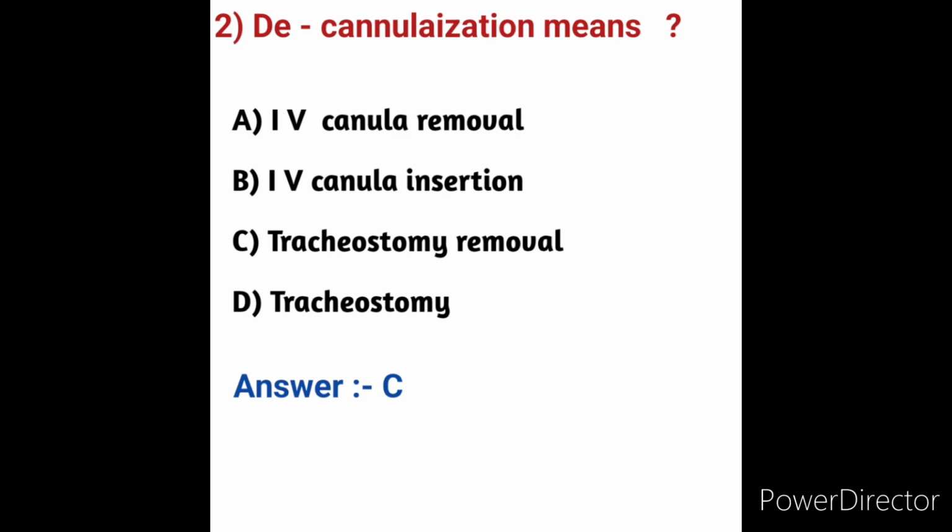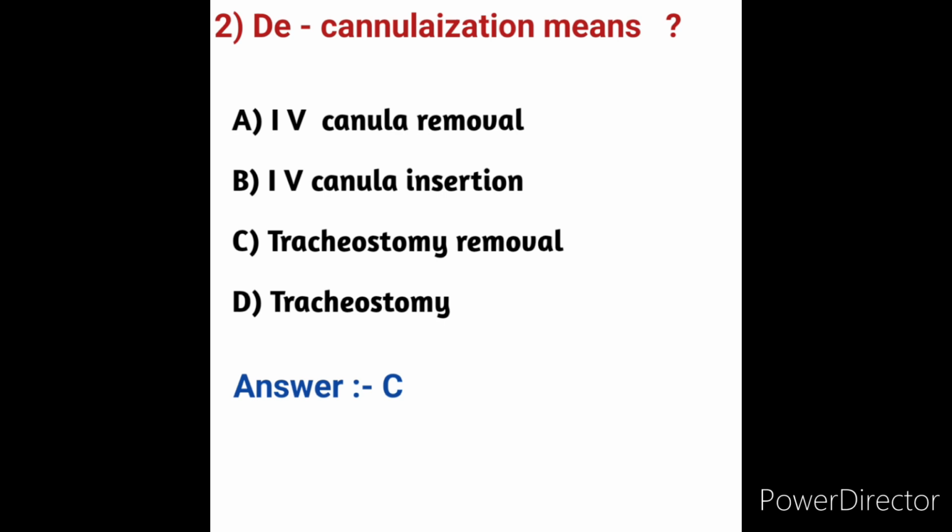Decannulation means removal of the tracheostomy tube. Decannulation is the permanent removal of a cannula. For an intubated patient, we have to extubate; with decannulation, we have to remove the tracheostomy tube.